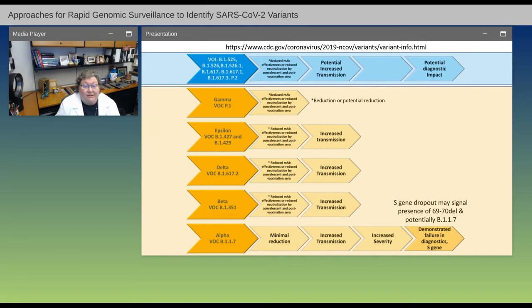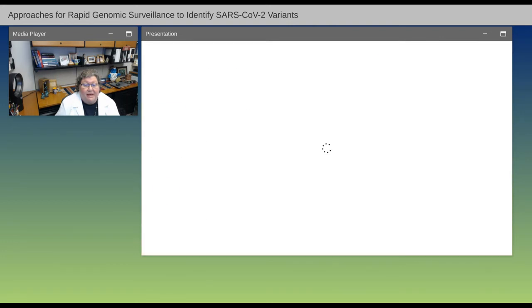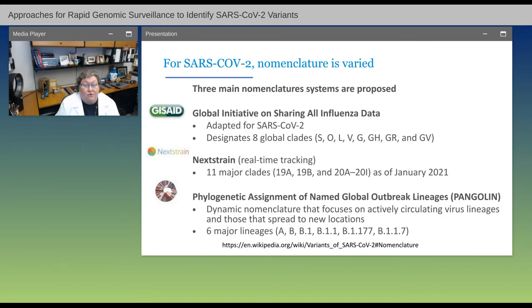Here are the 3 main nomenclatures that are used when you're sequencing viruses and naming viruses. GISAID is the Global Initiative on Sharing All Influenza Data, and it has been adapted for COVID, SARS-CoV-2. It designates 8 global clades. Nextstrain has 11 major clades, and that is more for real-time tracking.